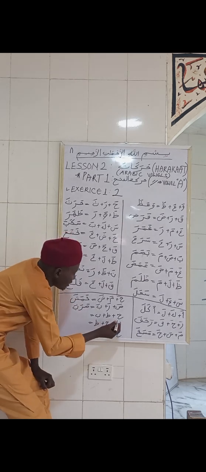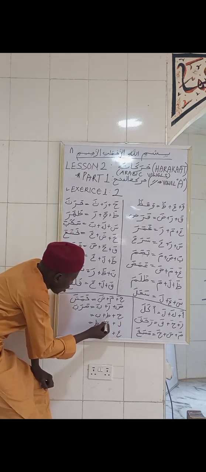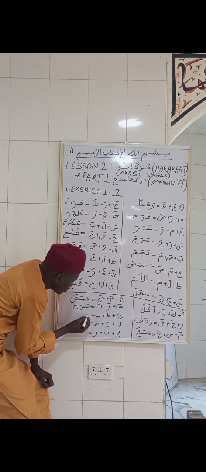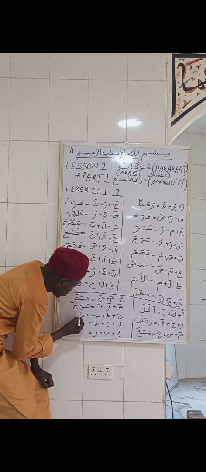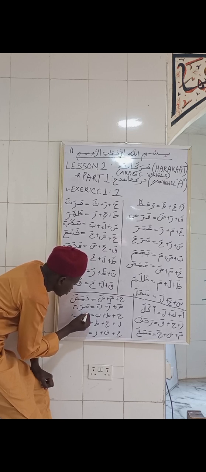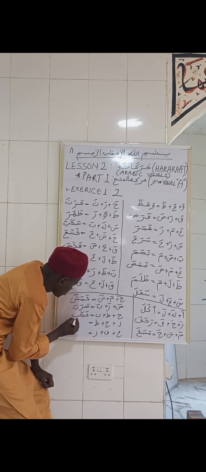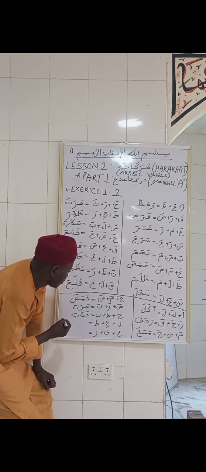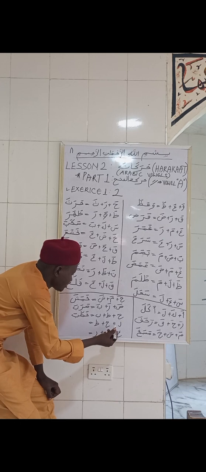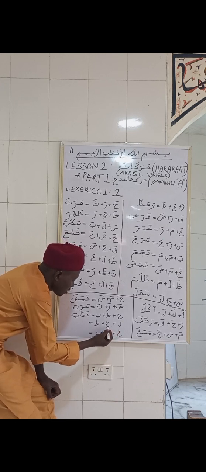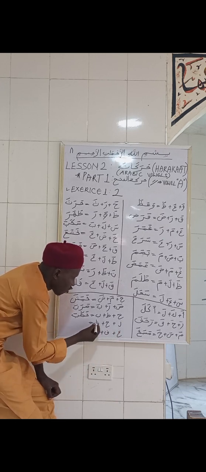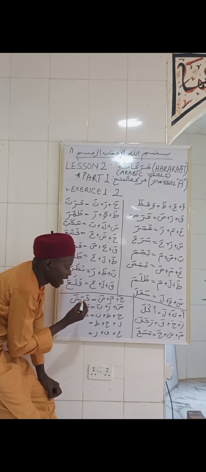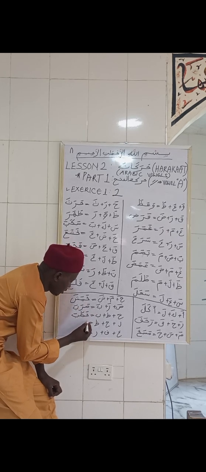So the next one is kha, to, and ba. Kha can be joined with to. To can be joined with ba. So you have what? Kha, to, ba. So the next one is lam, ha, and va.